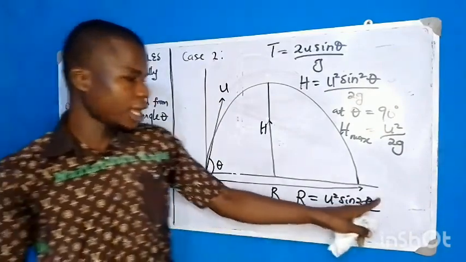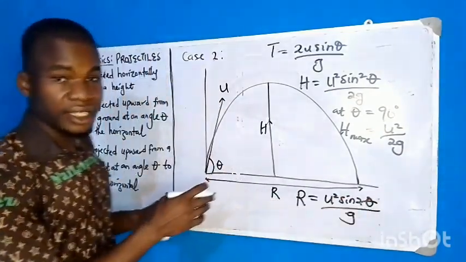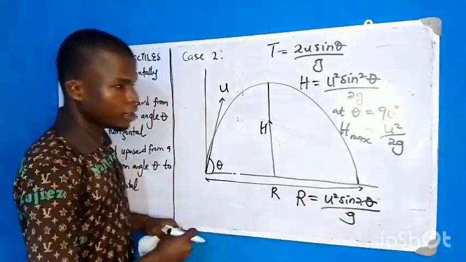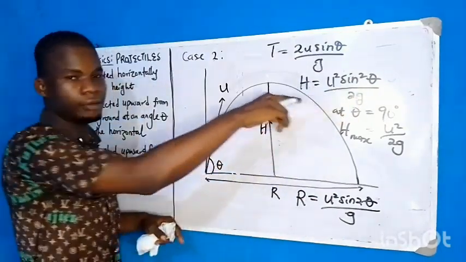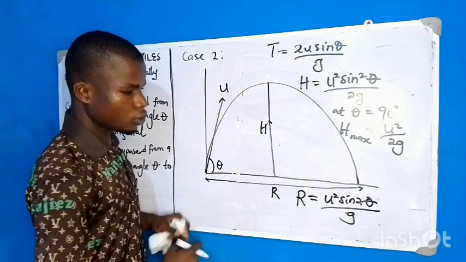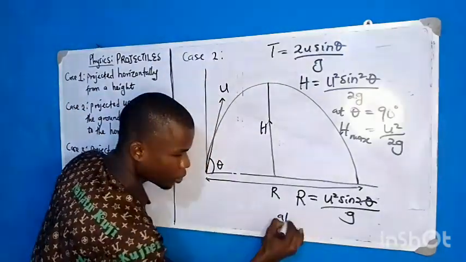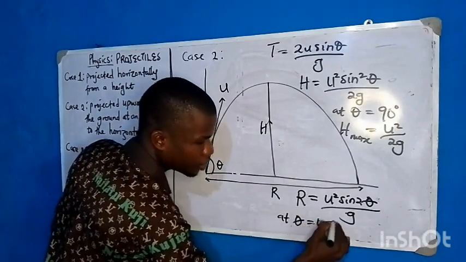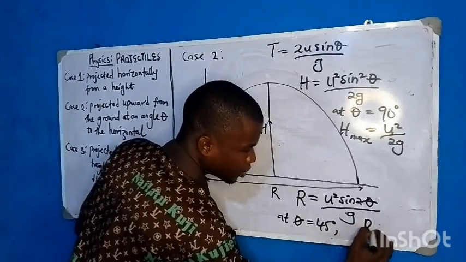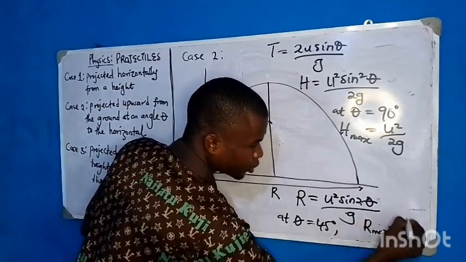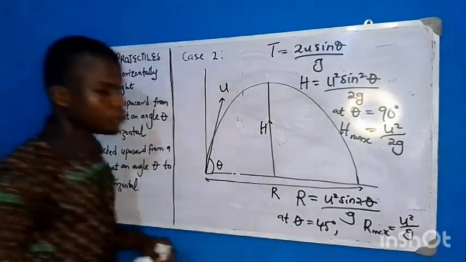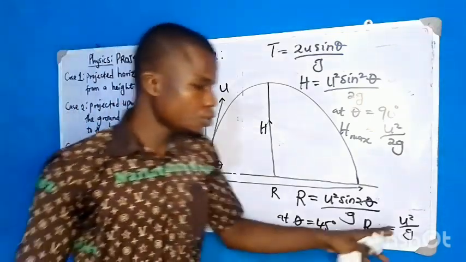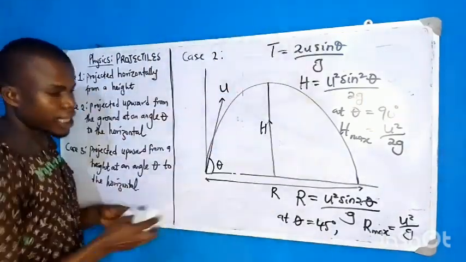So if our angle of projection was 30 degrees, you multiply it by 2, it becomes 60 degrees before you find the sine. But here you find the sine before you square your solution. When our angle theta is equal to 45 degrees, we have r max equal to u squared over g. This is the only angle that can be used to get a long distance projection.